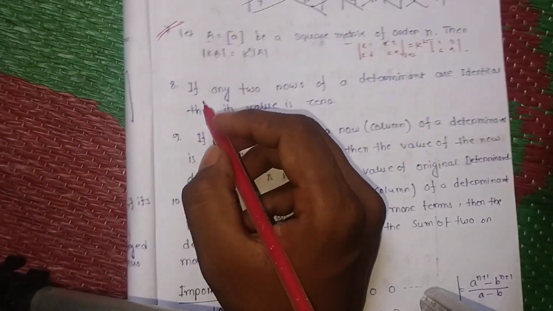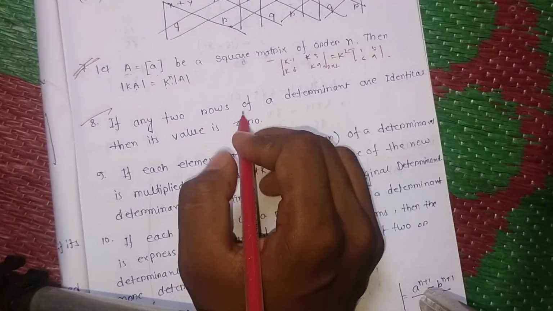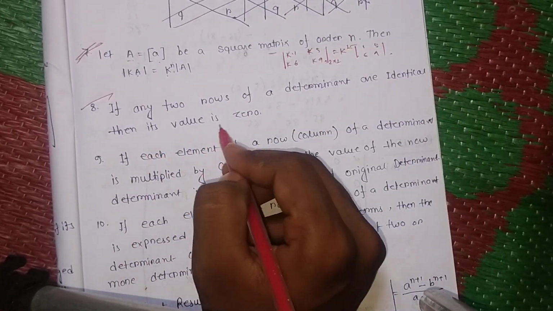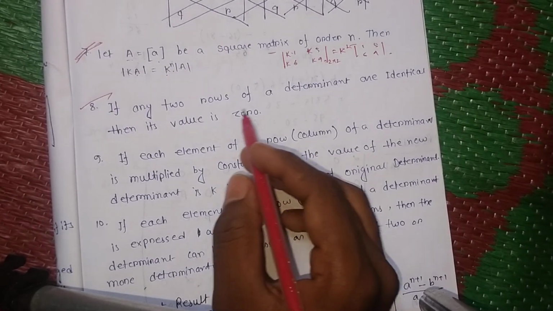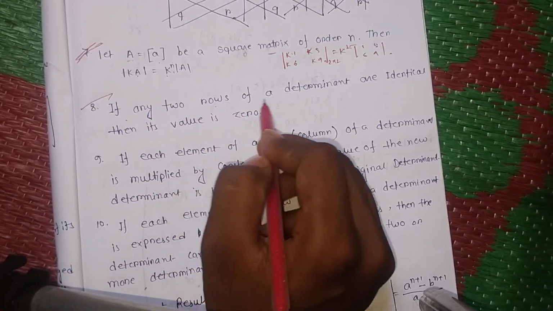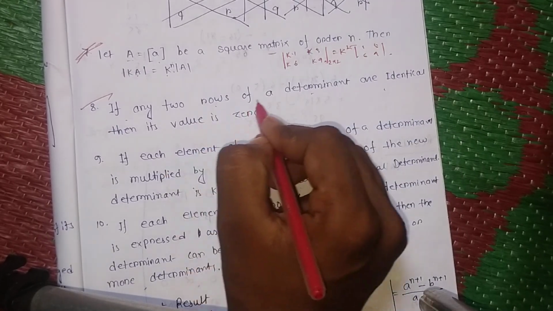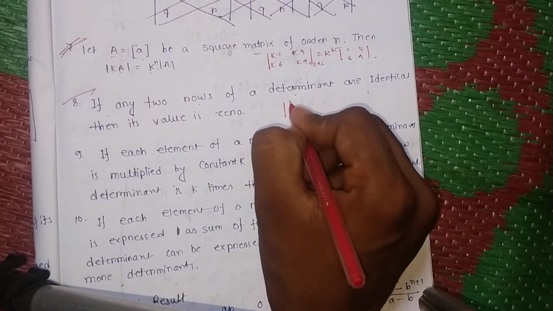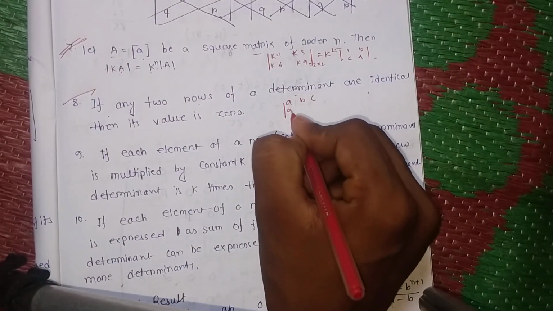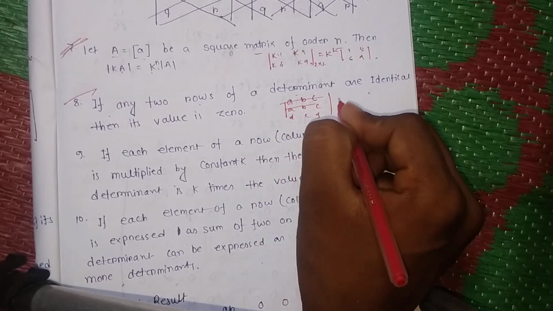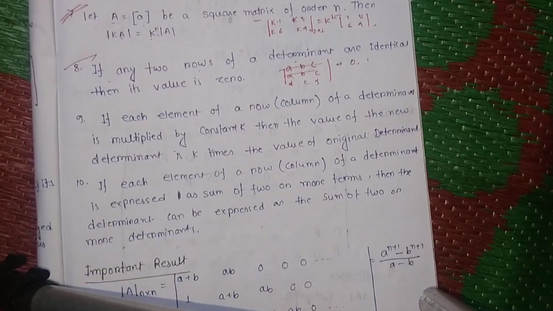Next, if any two rows of a determinant are identical, then its value is 0. Like A, B, C; A, B, C; D, E, F. These two rows are the same, so the value is actually 0.